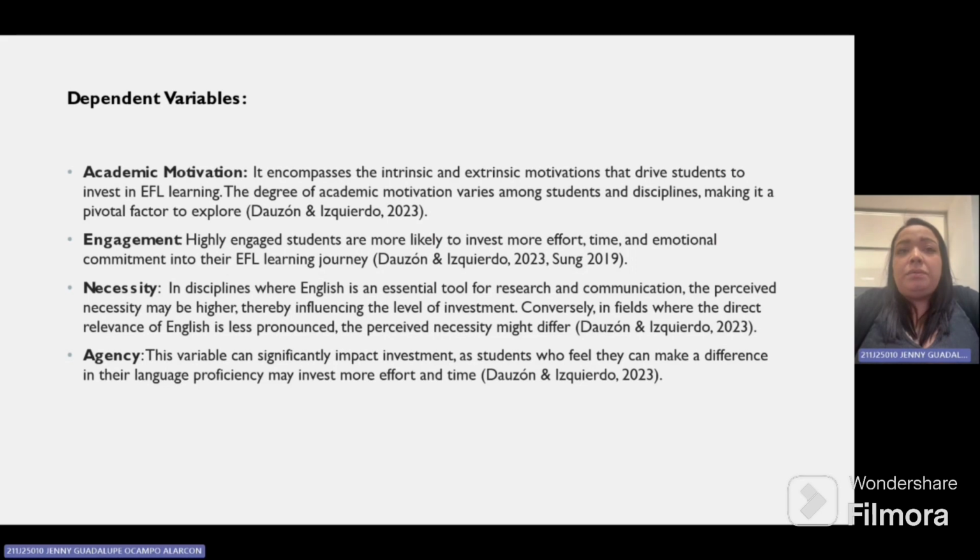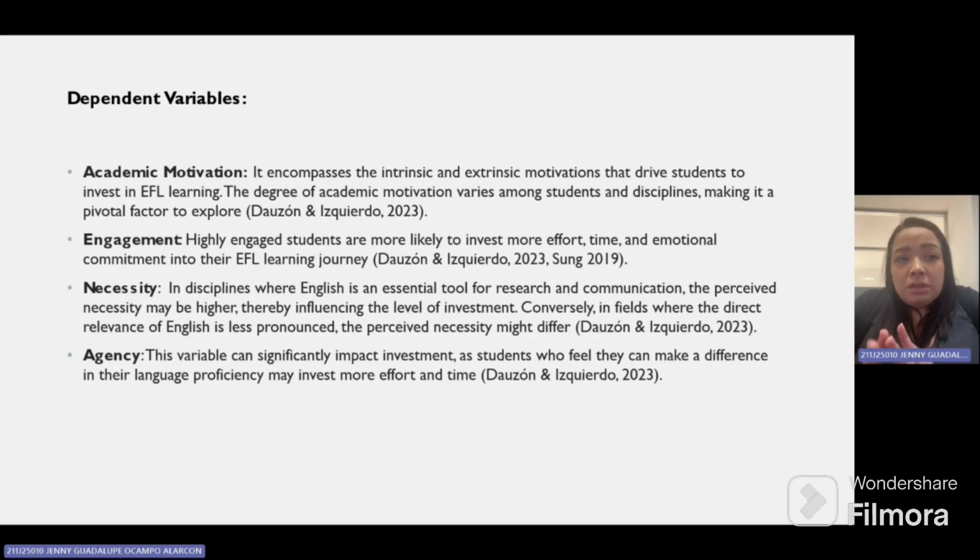because students who are highly engaged in their EFL learning are more likely to invest more time, effort, and emotional commitment. And the necessity, because there are disciplines where English is essential for research and communication, and if they perceive the necessity, they are more likely to be more invested.